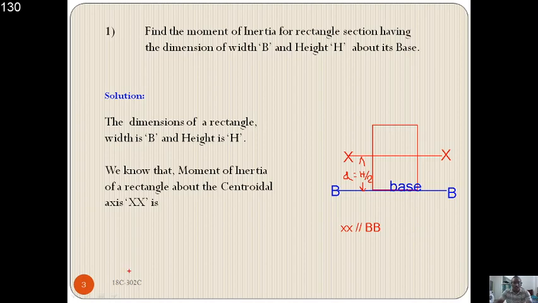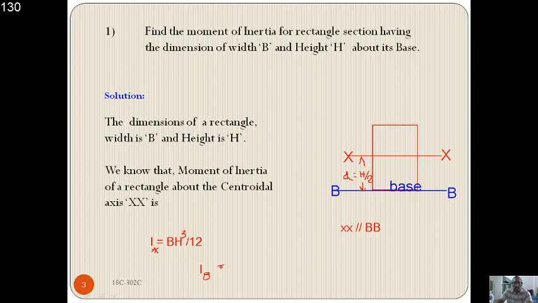We already know that Ixx is equal to bh cube divided by 12. In that case, they are asking about IBB.